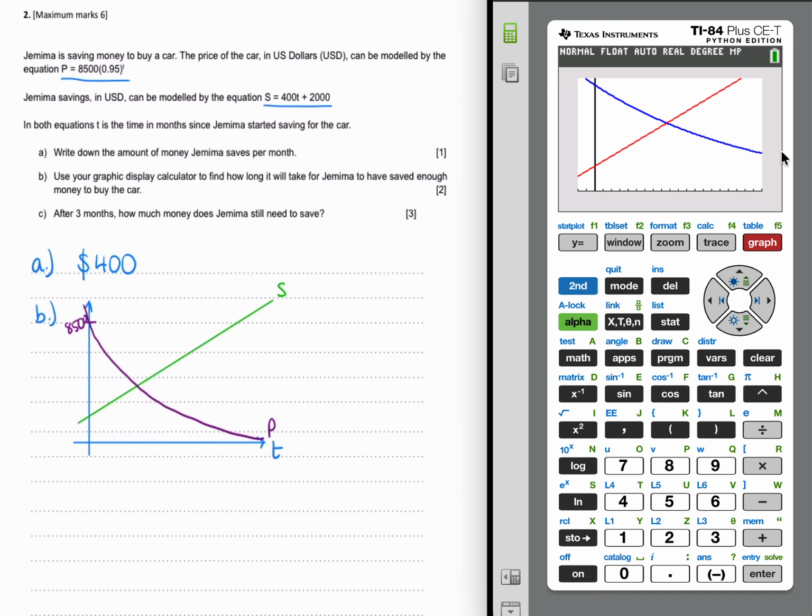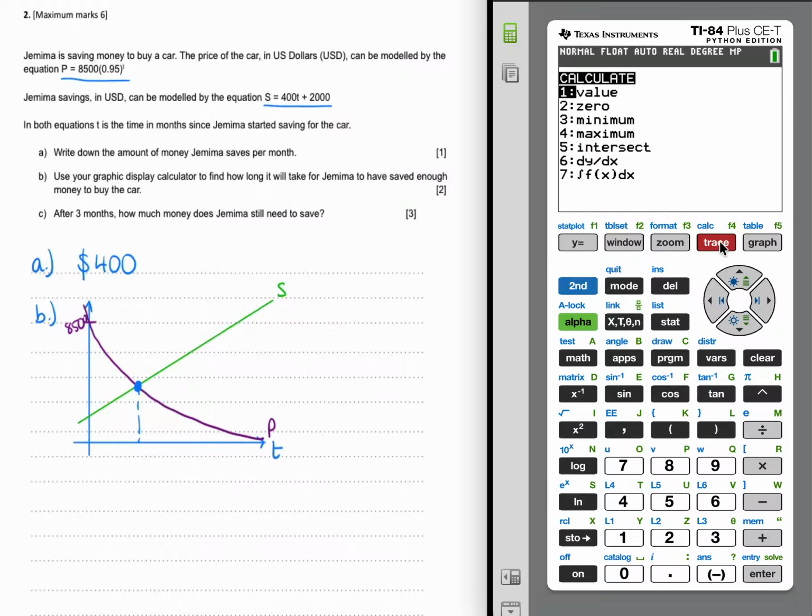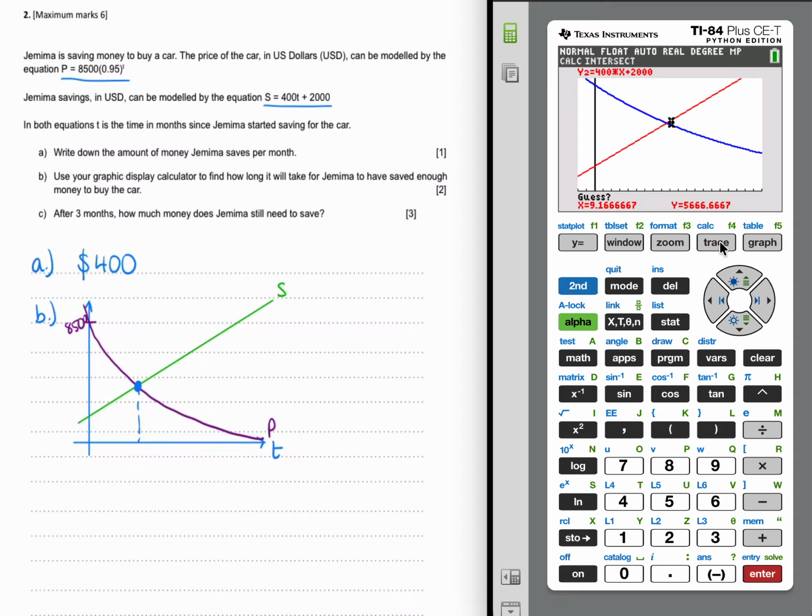So in terms of part B, which was to work out how long it takes for her to save enough to buy the car, we're asked here for the intersection. If we then use the calculator to find where that intersection is, we can see that it's at 8.64 months.